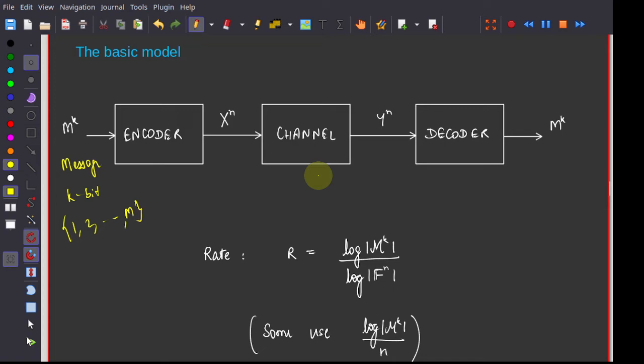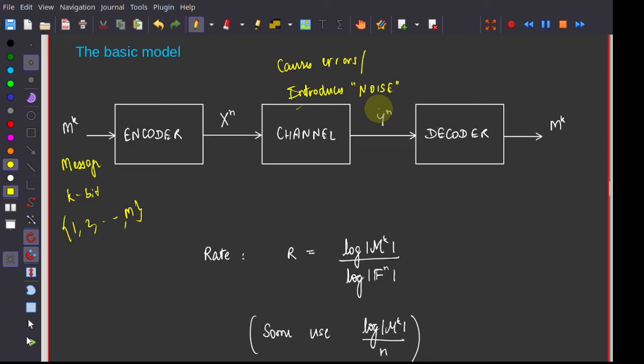The goal is to somehow send this across a noisy medium, or something which can cause errors, and that is what we will denote as the channel. This channel introduces what I generically call noise.